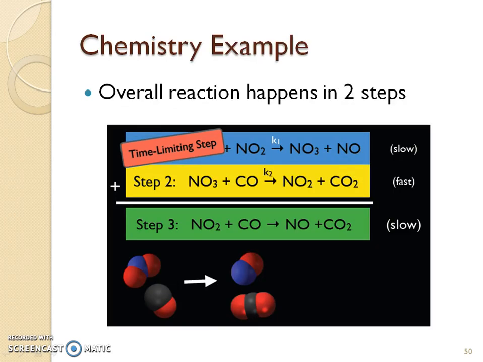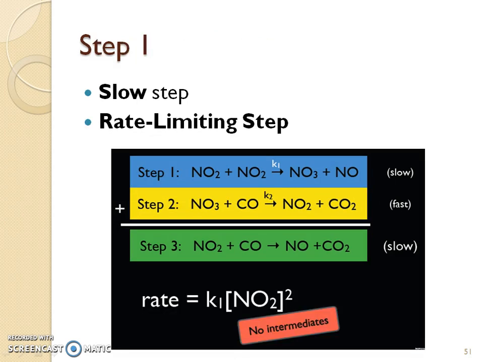Again, here's our chemistry example, and he gives us a rate for this step and a rate for this step. Each of them also has their own rate constant. If the first step is the slow step, then that would be considered the rate determining step. So look at our rate law expression: k times the concentration of NO2 squared, because there's two of them.